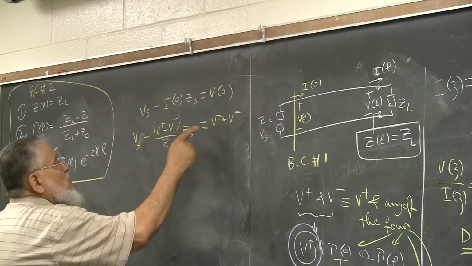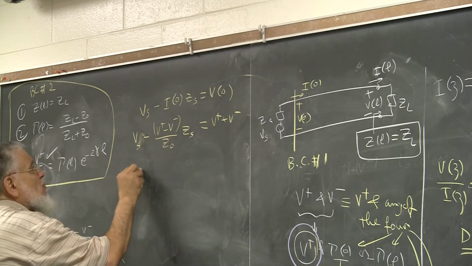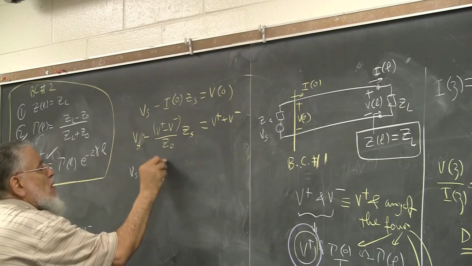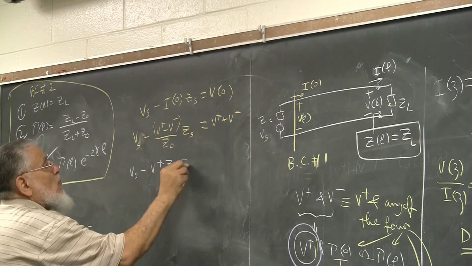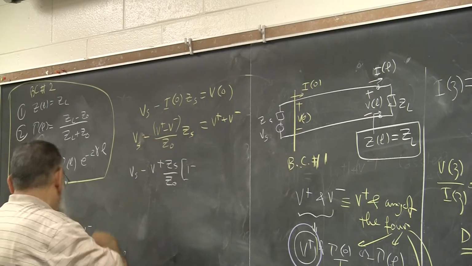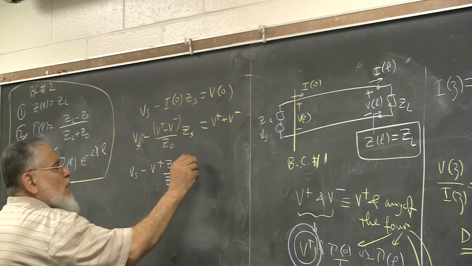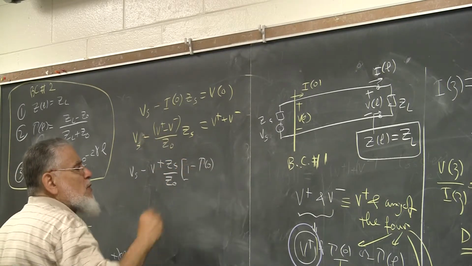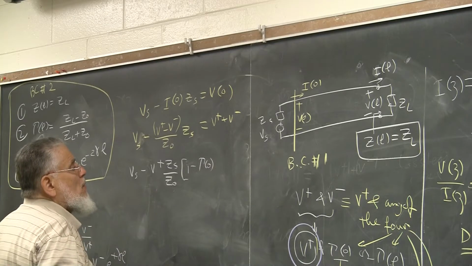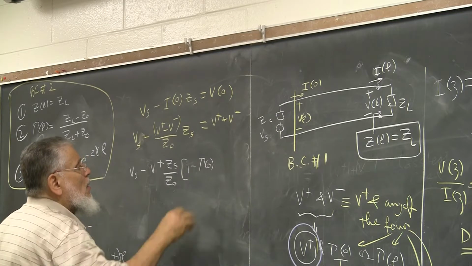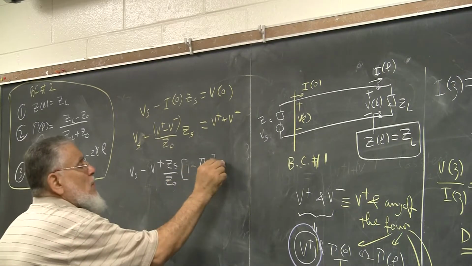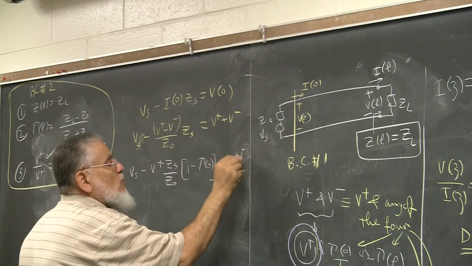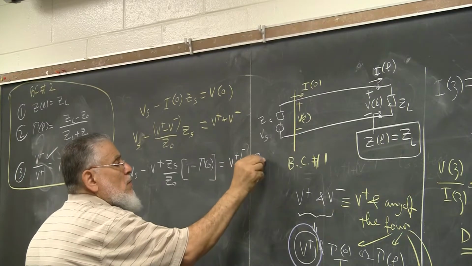If I take V plus as a coefficient, Vs minus V plus Zs over Z naught, 1 minus V minus over V plus, which is gamma of 0, if you wish, is equal to V plus times 1 plus gamma of 0.